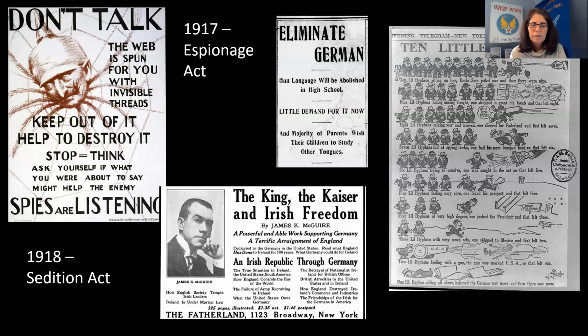They arrested a director of a play about the American Revolutionary War under the Sedition Act. Why? Because the enemy in the American Revolution is England, and England is our ally in World War I, and you can't say anything bad against them. So this is the point that it turns into neighbors calling on neighbors and getting them arrested for speaking German or anything like that. So it's really a very ugly time in American history.